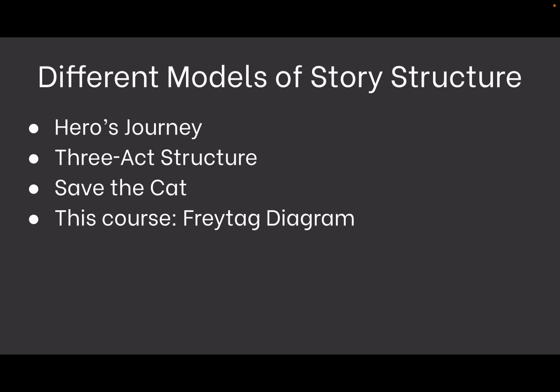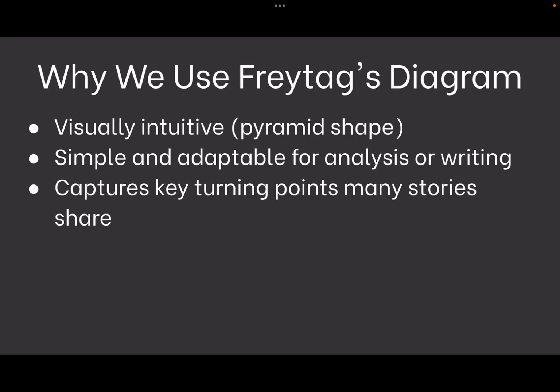It's also called Freytag's pyramid. We're using that model because it clearly breaks a story into the key moments that almost every strong narrative has, and it's simple to apply whether you're writing your own story or analyzing someone else's.